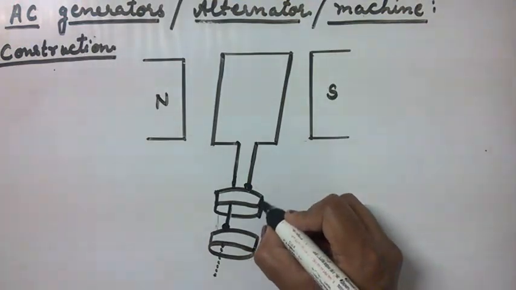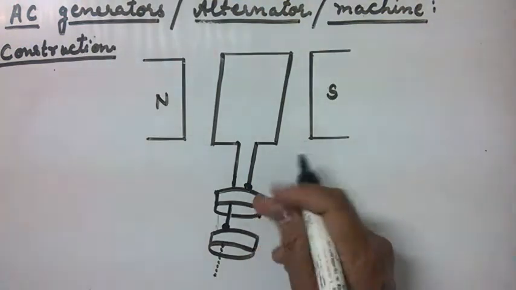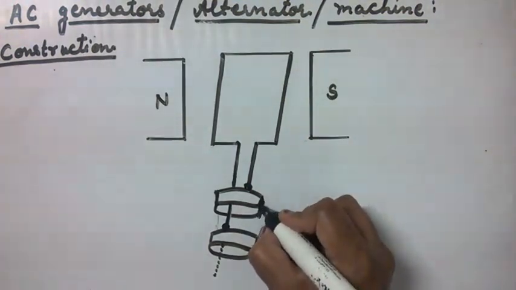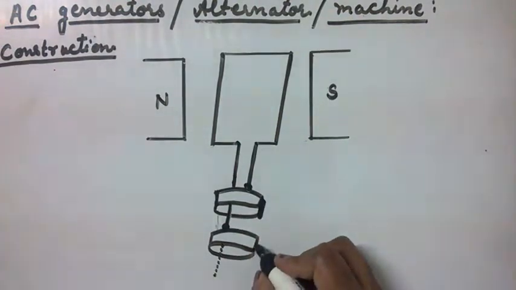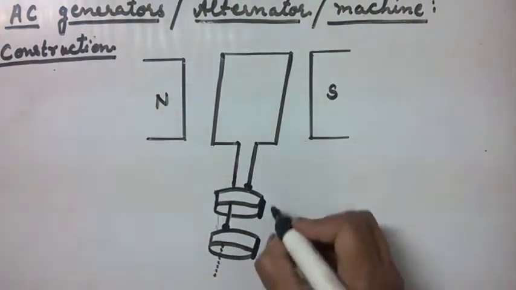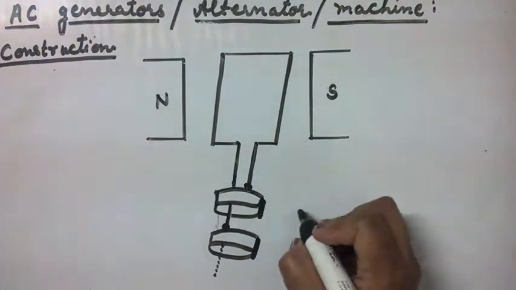Slip rings slip on fixed brushes known as carbon brushes, as they are made up of carbon.